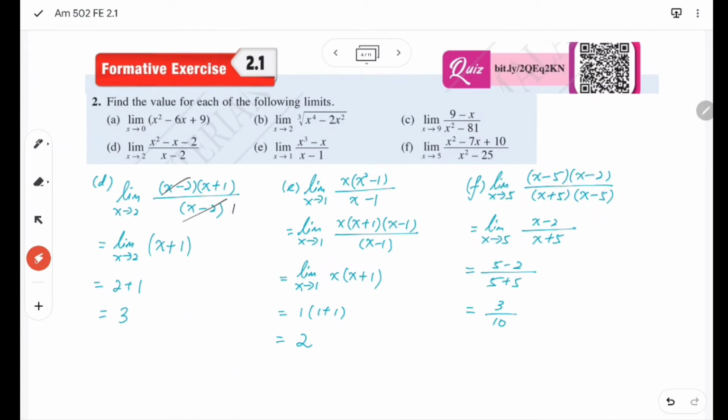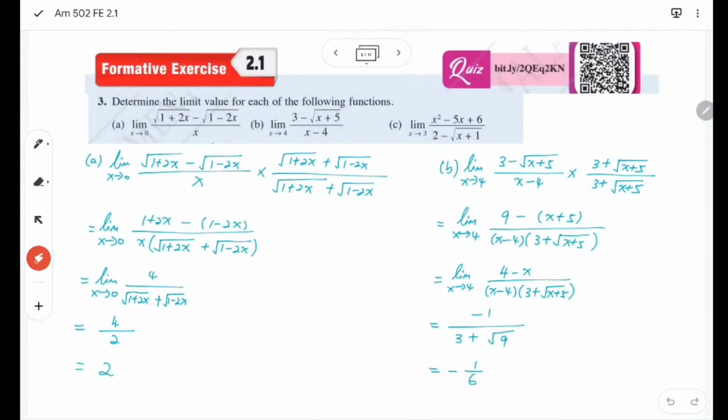So we can cut off the common factor. So we get x minus 2 over x plus 5. Now if we substitute the 5 inside, we get 5 minus 2 divided by 5 plus 5, which is 3 over 10. So this is the limit of the function when x tends to 5.